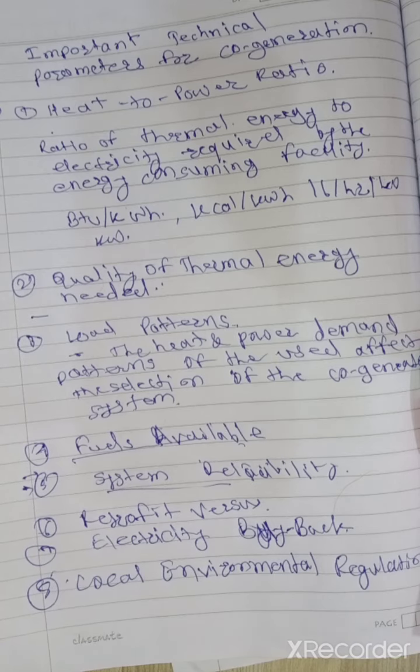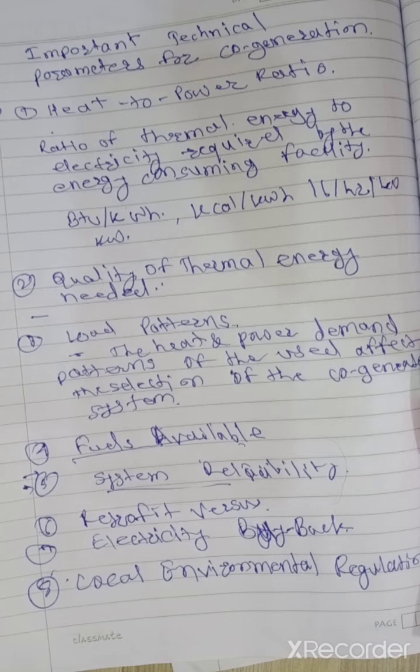And last one is thermal load matching. See here, in thermal load matching, the cogeneration system is designed to meet the thermal energy requirement of the site at any time.